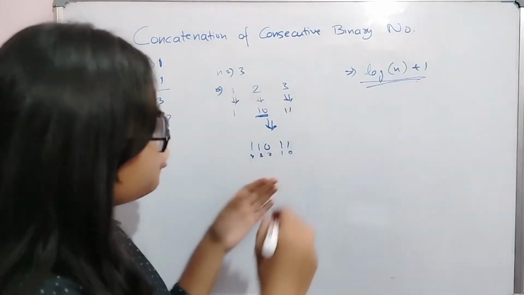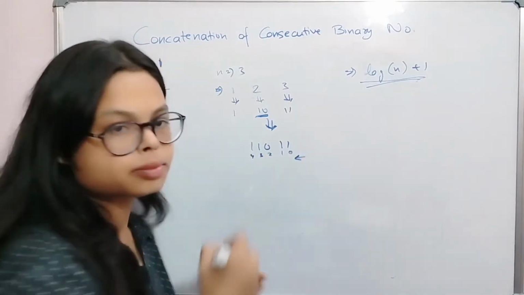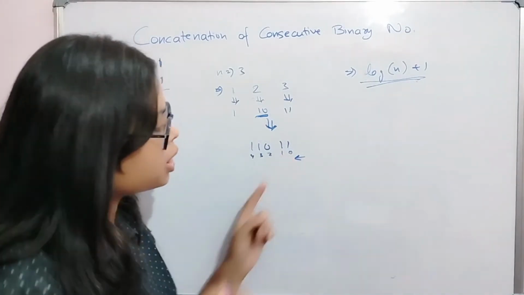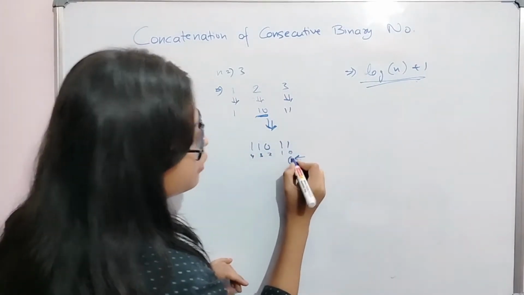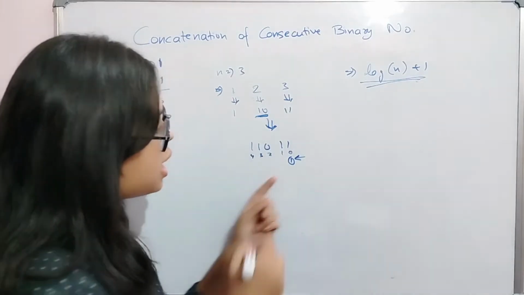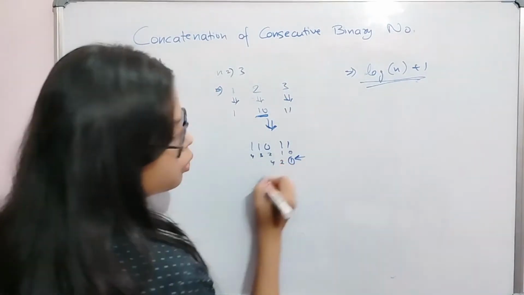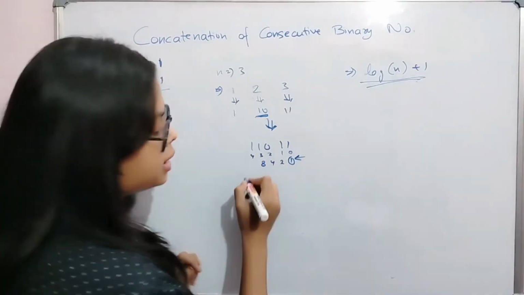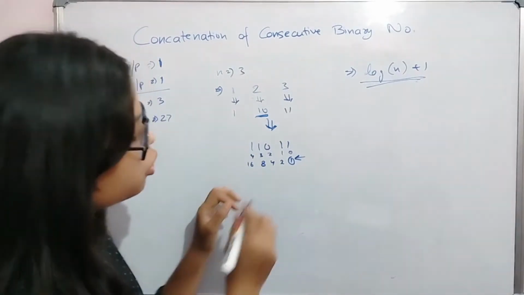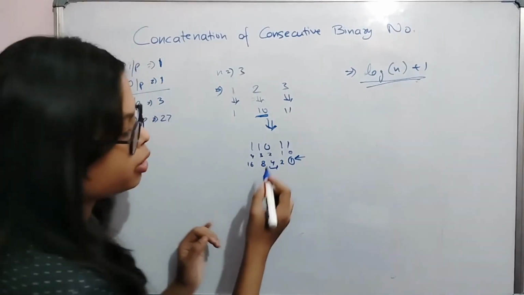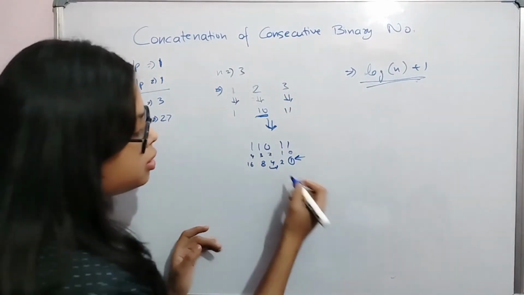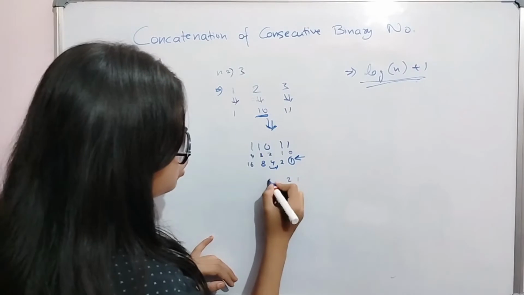If I start from here, the value will be 1, then 2, then 4, then 8, then 16. Also we won't consider the 0 because 0 into 4 will obviously be 0. So we will just add 1, 2, 8, 16.